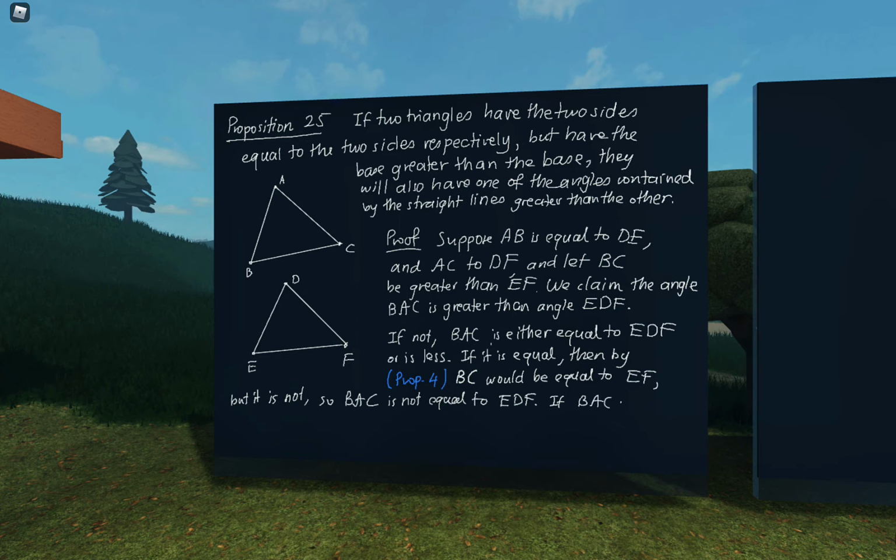If BAC is less than EDF, then by what we proved last time, so proposition 24, implies BC is less than EF, which it is not.